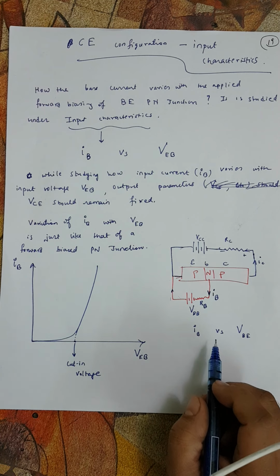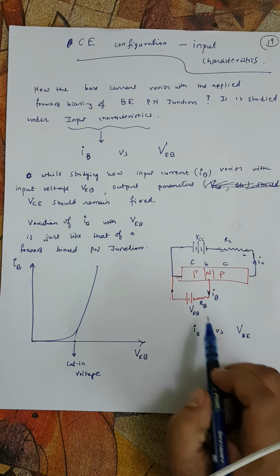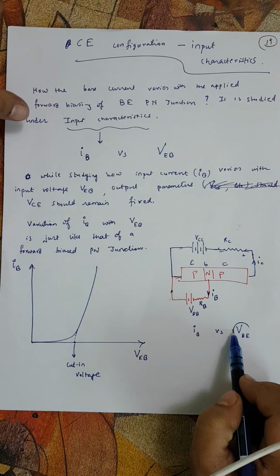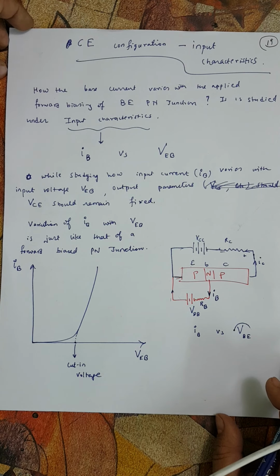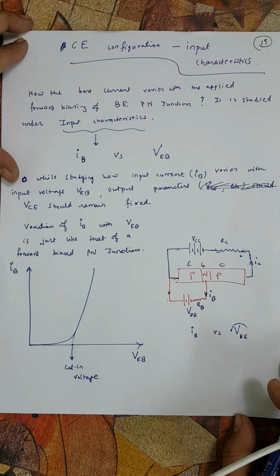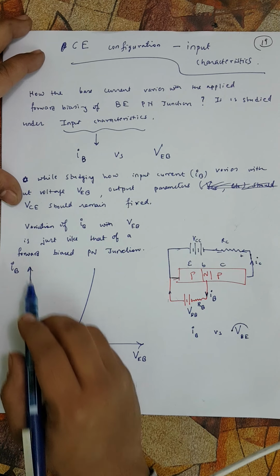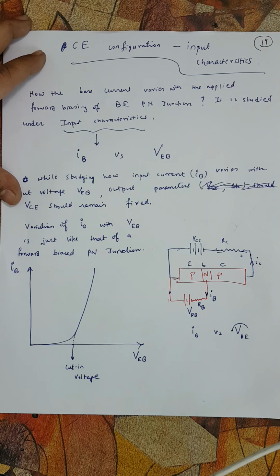As you know, this emitter base is nothing but a PN junction, and supplying a positive voltage VBE means nothing but a PN junction under forward bias. And you know how the forward bias characteristics of a PN junction look. So I have drawn here IB versus VBE, the forward bias PN junction characteristics.